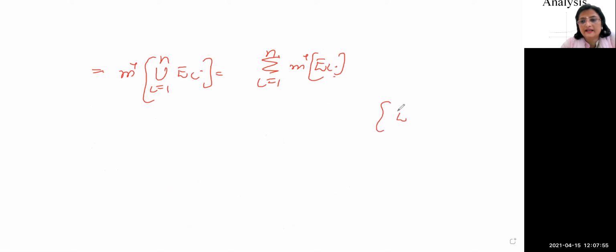Clear? Because every Ei is contained in R, for all i, the union of Ei, i running from 1 to n, is contained in R.